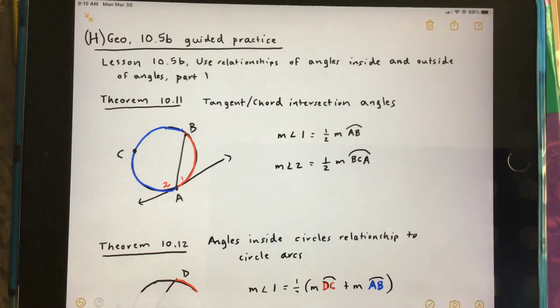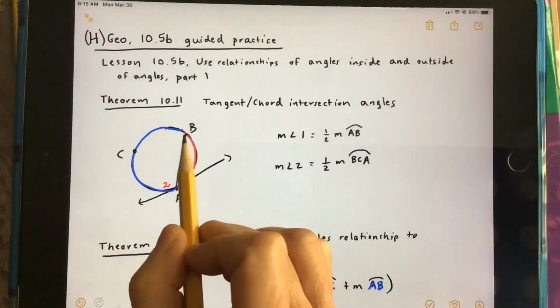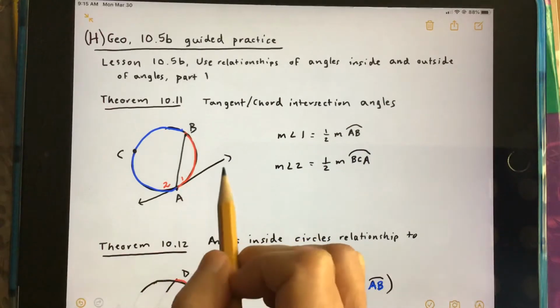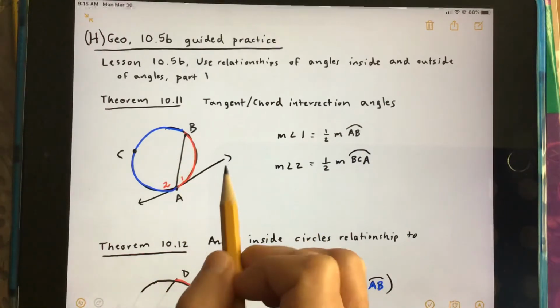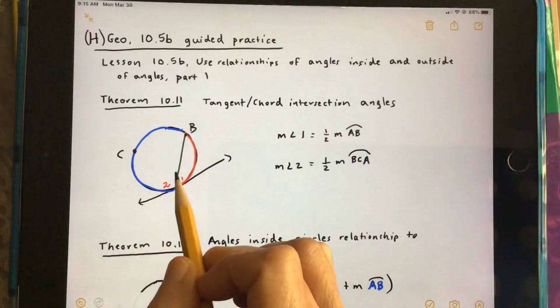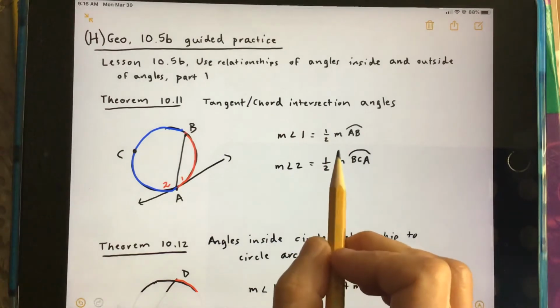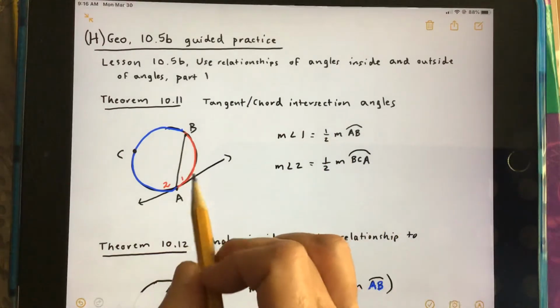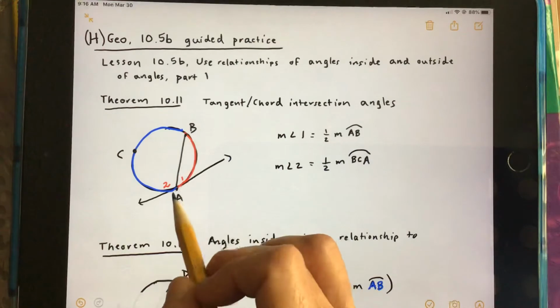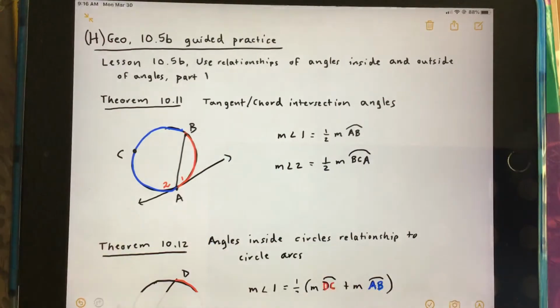Taking a look at our circle with points A, B, and C, angle 1 is the angle formed by the chord and the tangent line, from the chord all the way down to the tangent line. Angle 1 will measure exactly half of the measure of arc AB. Whatever the measurement of arc AB is, angle 1 will be exactly half of that number of degrees.